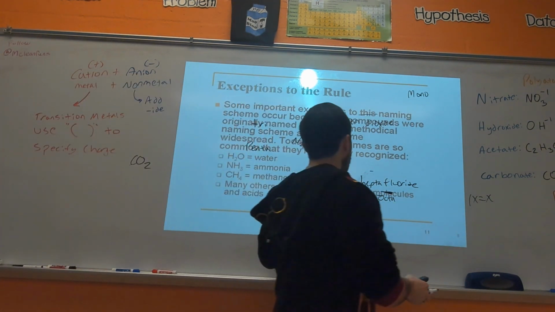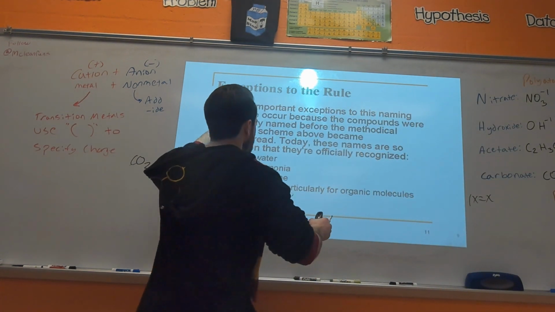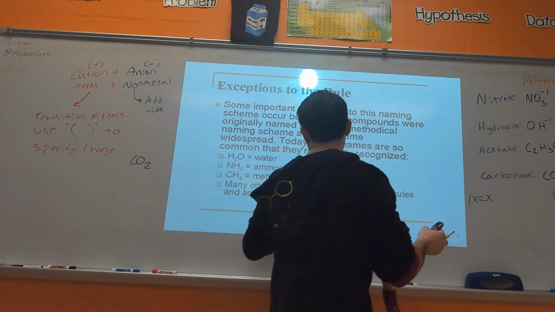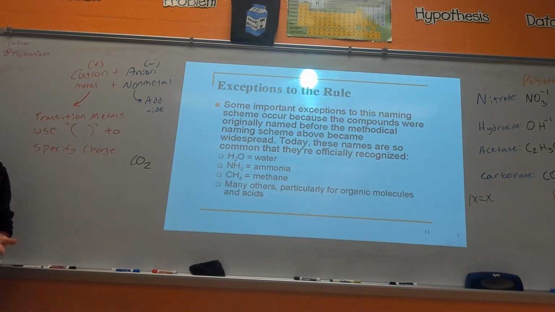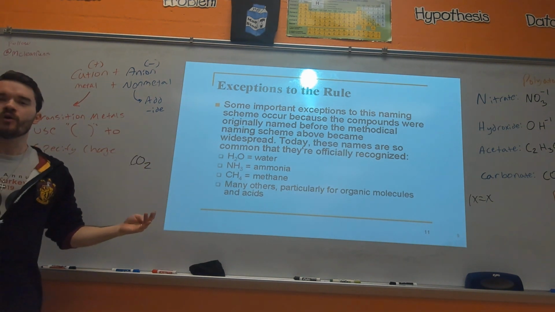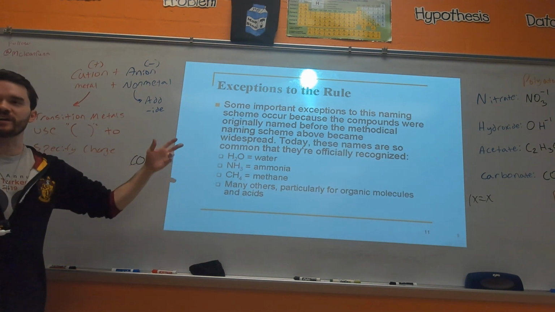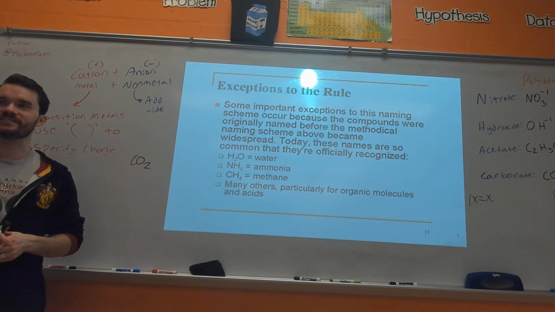Now, there are some exceptions to this, because before we came up with this naming system, there are some compounds that we had already given names. For example, water is H2O. What would be the name of water if we named it according to the rules I just told you? How would you say water, technically?